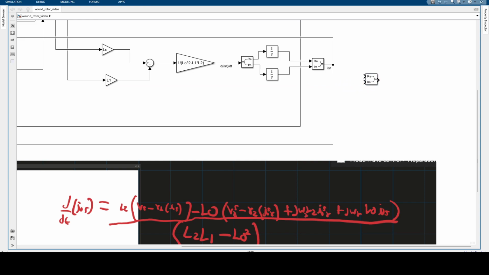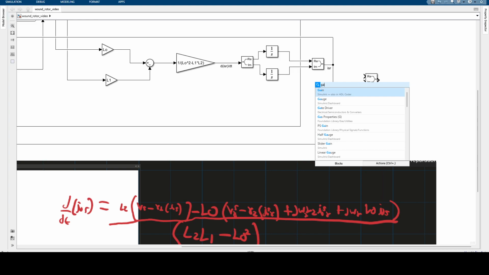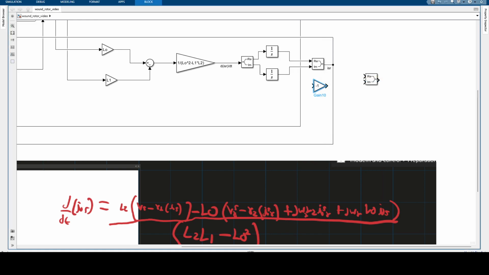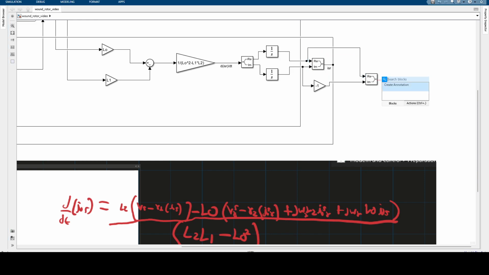And we change this to negative. We have a gain of -1 of this imaginary part. And here we're going to have the real part. So this is ISR conjugate.